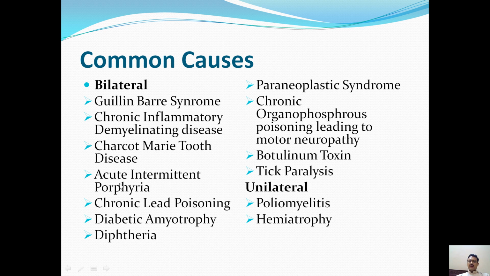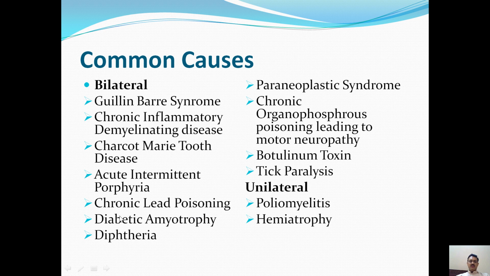Acute intermittent porphyria is a type of porphyria. Usually the patient has a history of abdominal pain, some psychiatric illness, seizures, and along with that there is a motor neuropathy or weakness. So we think of acute intermittent porphyria when there is a history of abdominal pain and psychiatric symptoms.